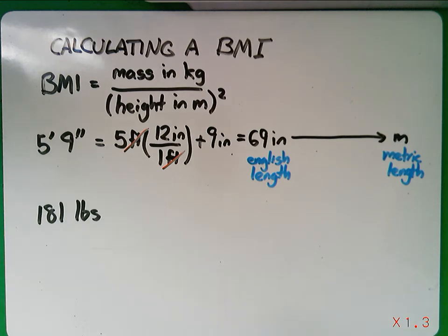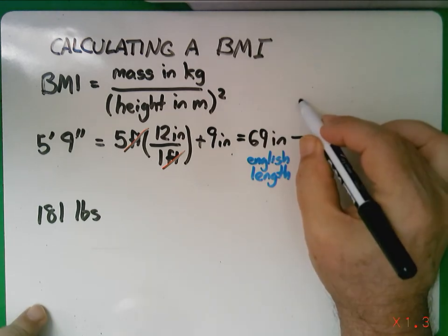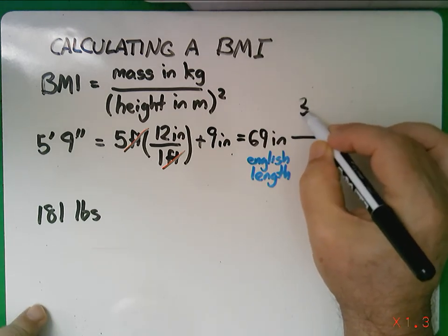And it would be nice if my English to metric length conversion involved either inches or meters or both. It doesn't have to, but it would be nice if it did, because then I could hook it up directly. And when I go and look this up, English to metric length conversions, I find one that is really handy here.